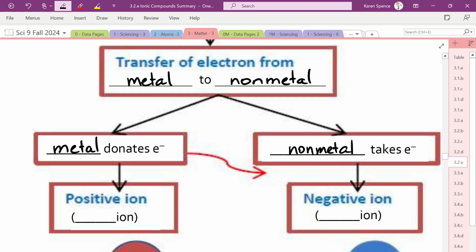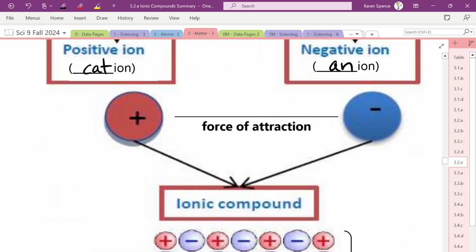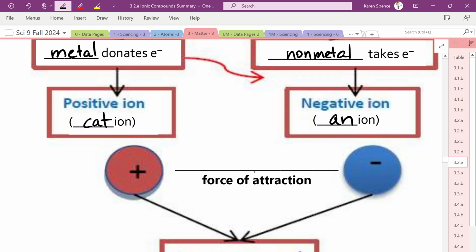The positive ion is called the cation. The negative ion is called the anion. What kind of attractive force do we have between those? It's called the what kind of force? Electro something. Static.